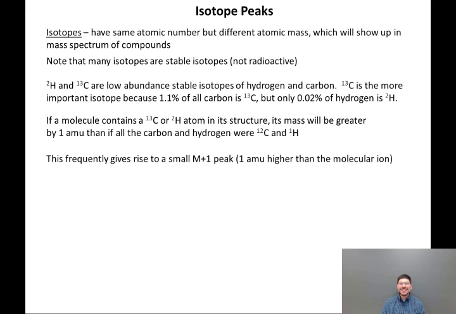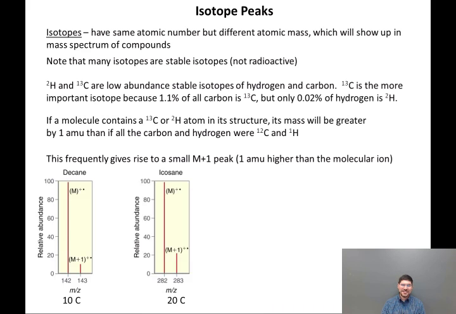So what this means is that if a molecule contains a carbon-13 or a deuterium atom in its structure, its mass will be greater by 1 AMU than if all of the carbon was carbon-12 and all of the hydrogen was 1H. So this phenomenon frequently gives rise to a small M+1 peak, as we call it, which is a peak that is 1 atomic mass unit higher than the molecular ion.